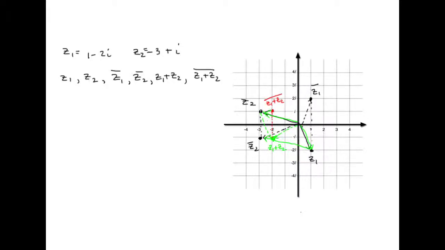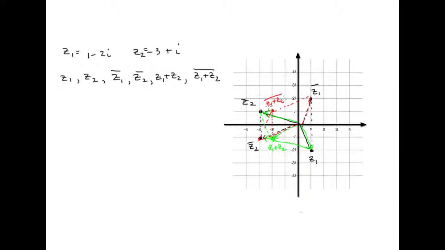Now, it'd be interesting to note that z2 bar and z1 bar are sitting in a parallelogram with the conjugate of z1 plus z2. This would imply that when you add z1 bar and z2 bar, we'll get not only z1 bar plus z2 bar, this will turn out to be identical to the conjugate of z1 plus z2.